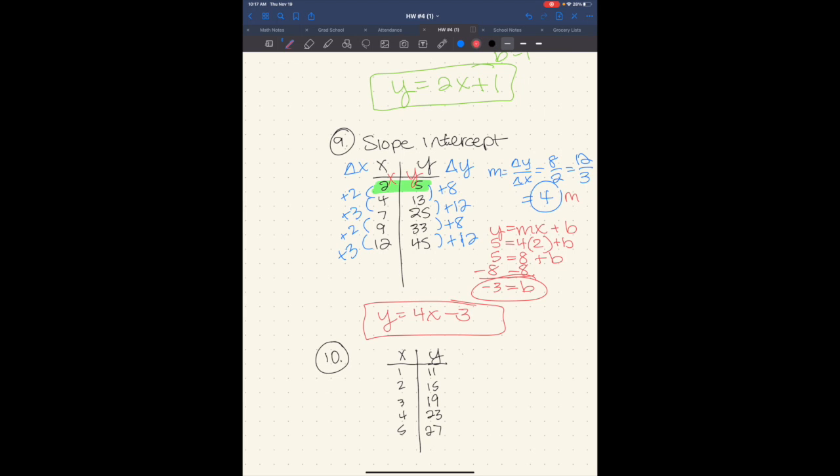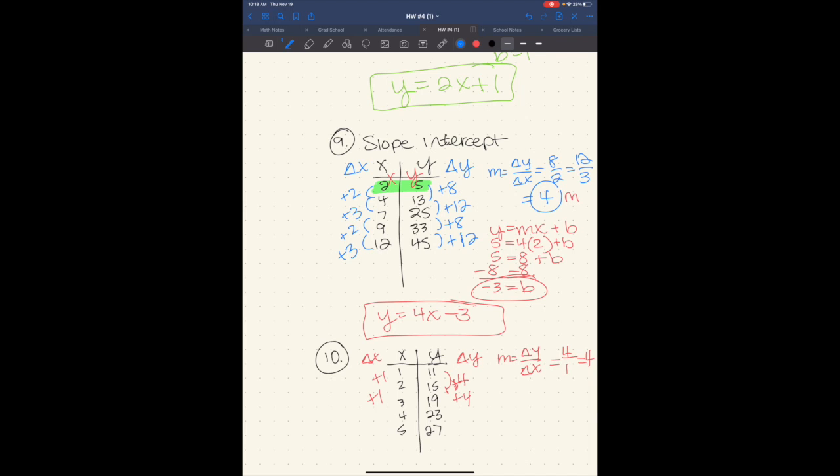And so our change in y over change in x is going to be 4. All of them are plus 4 on this side. All of them are plus 1 on this side. So m is change in y over change in x, which is 4 over 1, which simplifies to just 4.